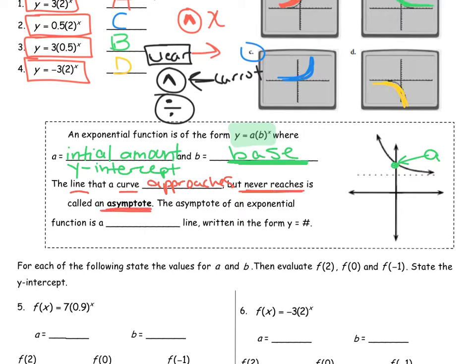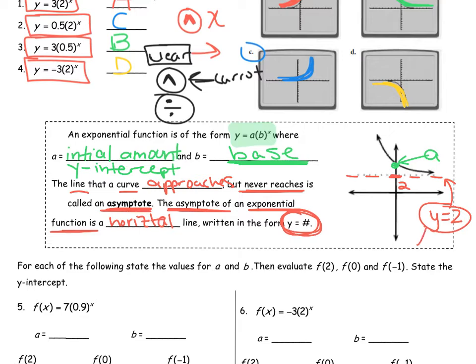The asymptote of an exponential function is a horizontal line. It's written in the form of y equals a number. So for example, if this had a value at 2, my exponential graph is going to approach the line y equals 2. So this would be my horizontal asymptote.